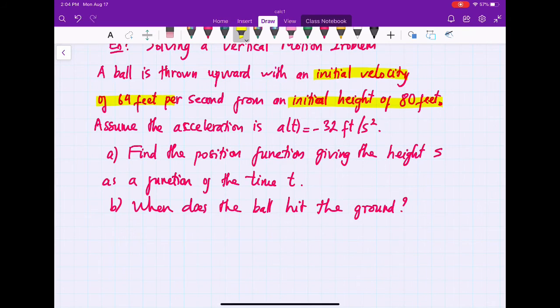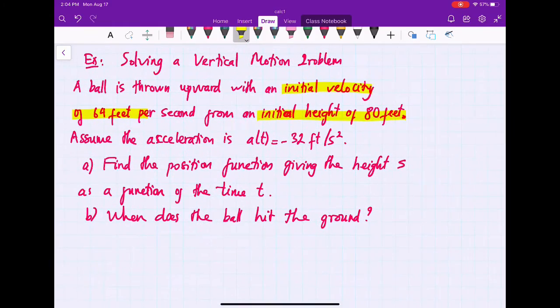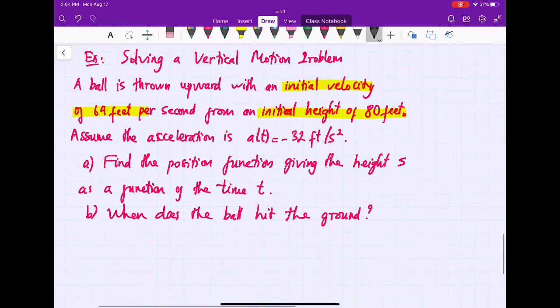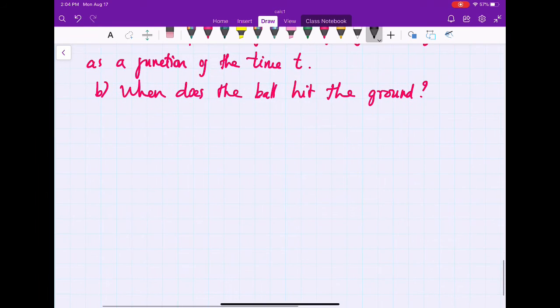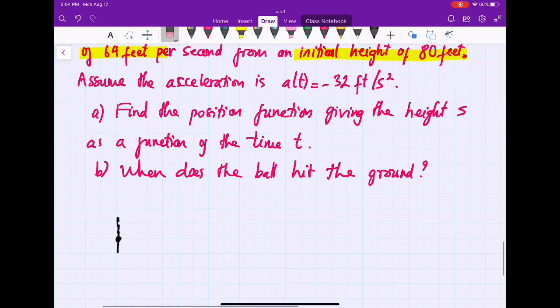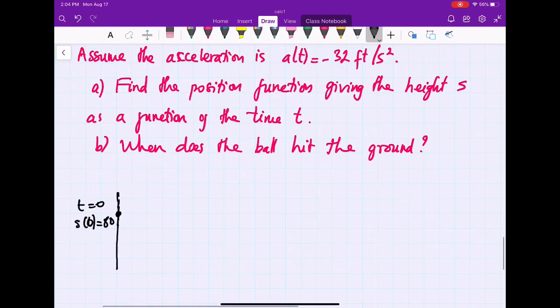Okay, so if you describe this motion, you will see the following picture. So here's the height, the initial height. The initial height is 80, right? So you have 80 in here. This is for t equal to 0. You have s of 0 is 80. So you have some height in here, okay?